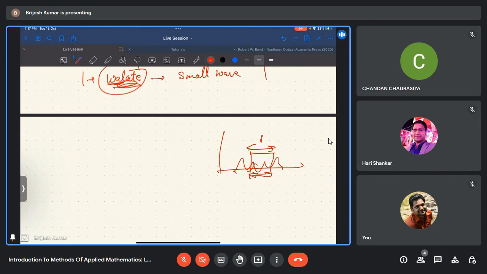The term translation is used in the same sense as it was used in the STFT. It is related to the location of the window, because the window is shifted through the signal from one place to another.